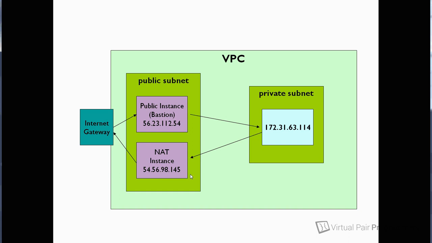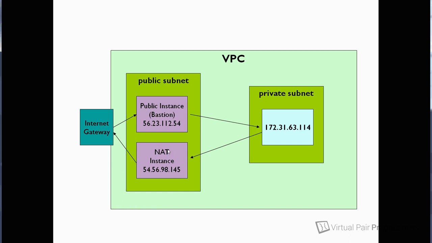So I hope this looks relatively simple, but the complexity is, I'm afraid, we do need yet another EC2 instance just to perform the work of this NAT instance. And you do need to allocate an IP address to that NAT instance, and that means you are going to need to use yet another elastic IP address.